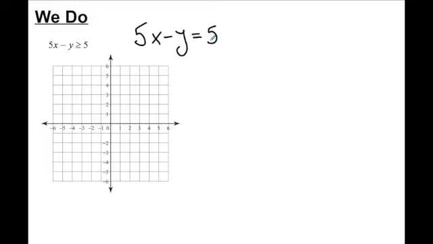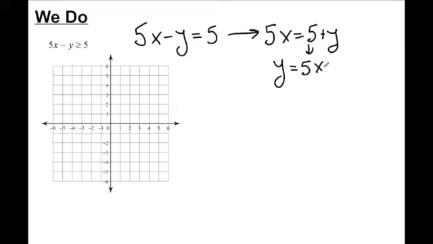Now what am I going to do with this? I'm going to convert it to slope-intercept. So I'm going to add y and subtract 5. And if I flip this around, I get y equals 5x minus 5.